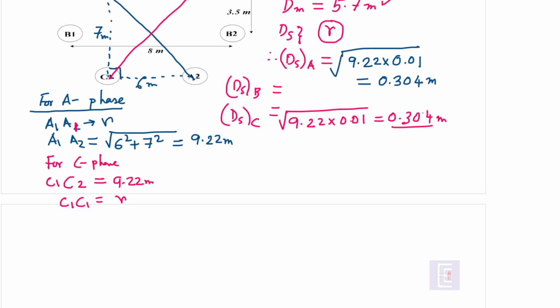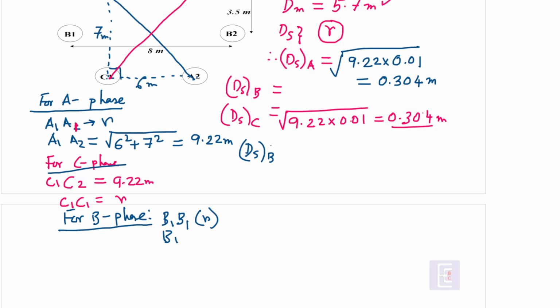Now what are we left with? We are left with DSB. Now for B phase, first of all we have B1 B1, which is equal to R, and we have B1 B2, which is this distance, equal to 8.